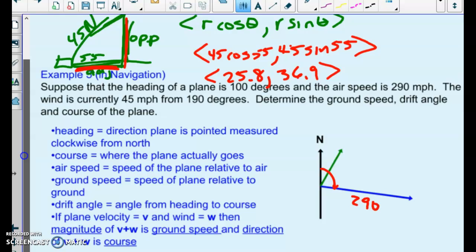290 miles per hour. And the other one, we have a wind that is 45 miles per hour from 190 degrees. So let me grab a green one here so you see it. If I go around here, there's my 190 degrees, the wind is from that vector.